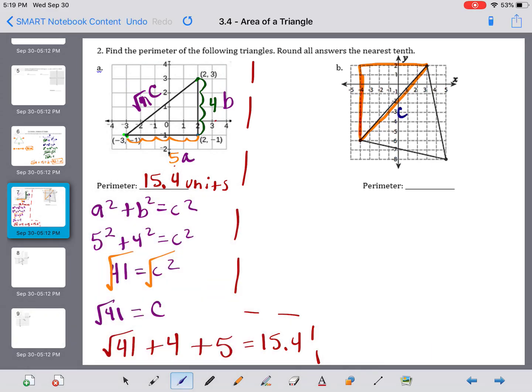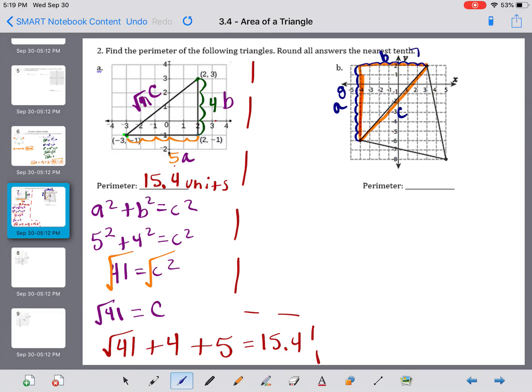Make this C. I'll make this side A and this side B. So when I count my A, I have 1, 2, 3, 4, 5, 6, 7, 8. So this side is 8, this side's 1, 2, 3, 4, 5, 6, 7.